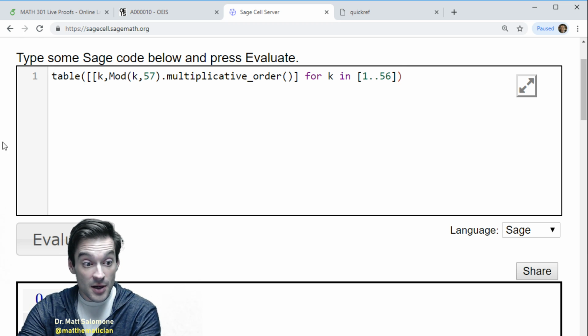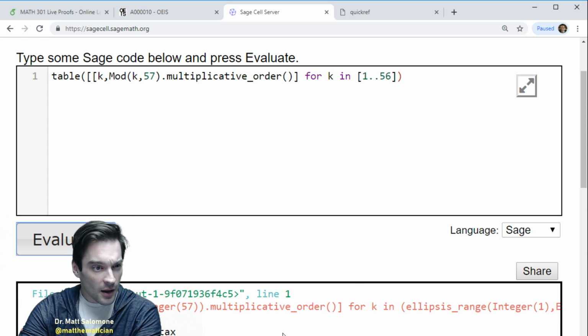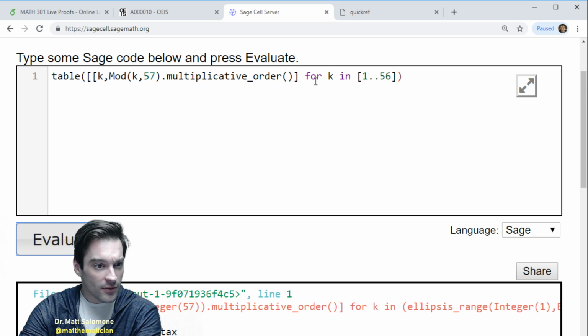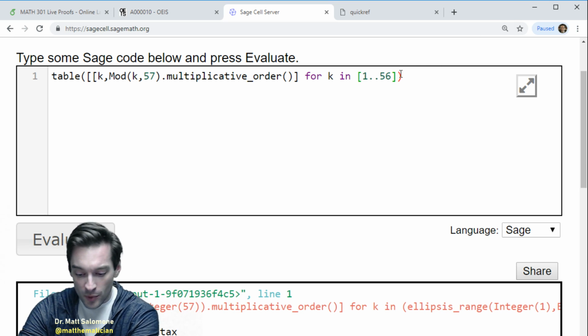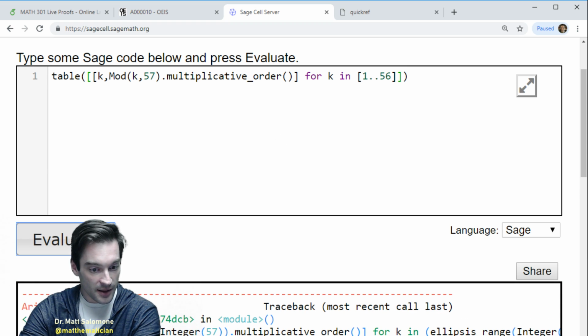So Sage is going to make a table of the multiplicative orders. Uh-oh, what doesn't it like here? I think I need one more square bracket right there. There we go. Uh-oh, still doesn't like it. Right, multiplicative order of 3 is not defined since it's not a unit modulo 57.